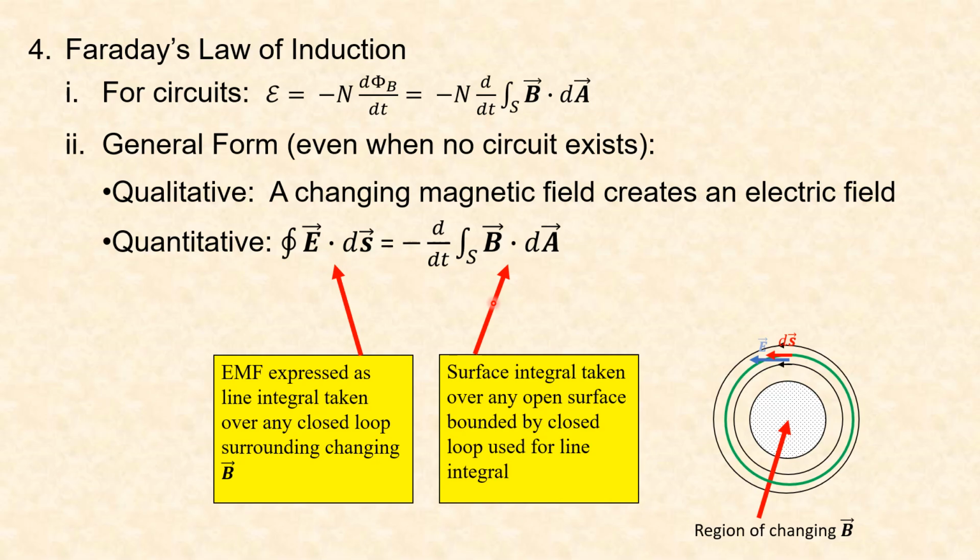So the surface integral must be taken over any open surface that is bounded by the closed loop we use to evaluate the line integral on the left-hand side.